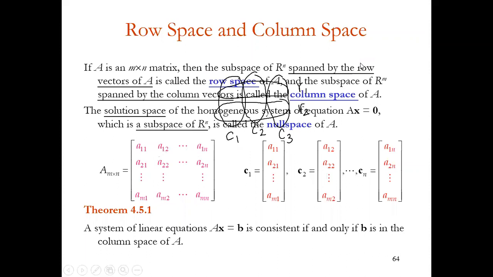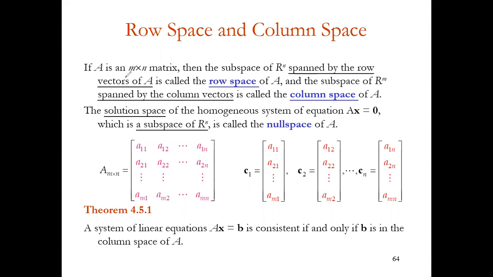Next we continue with the row space and column space. Previously you learned about row vectors and column vectors. Now we move to row space and column space.